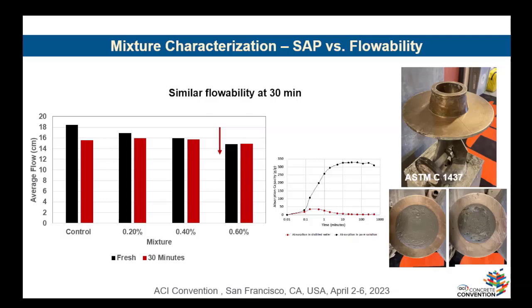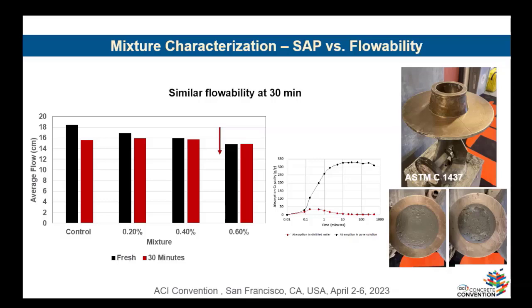But of course, this was for the fresh mixture immediately after mixing. After like 30 minutes, we had more constant values for flowability comparing the control sample and the ones with SAP, which is mostly because the hydration of the control sample was very quick, but with SAP, because of the gradual release, the hydration was kind of delayed.